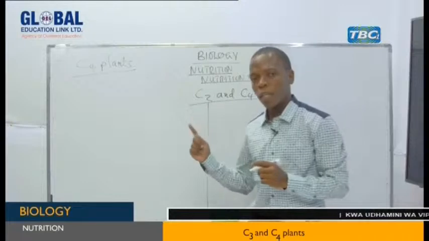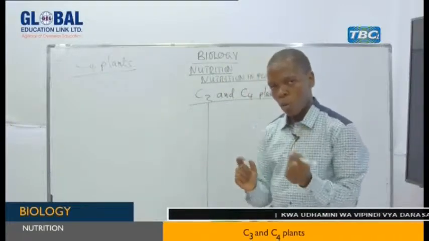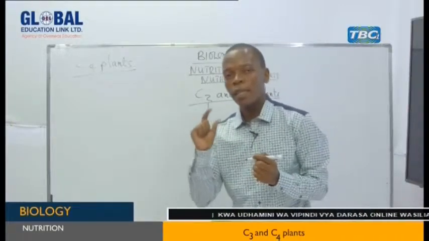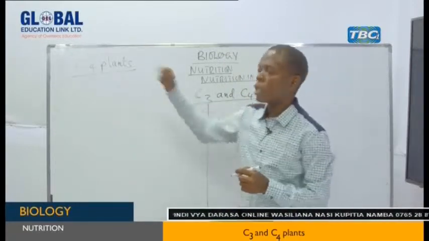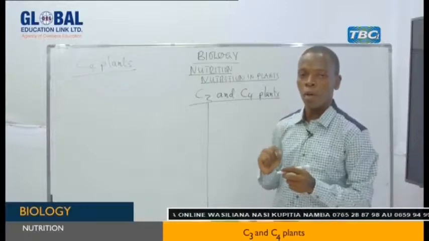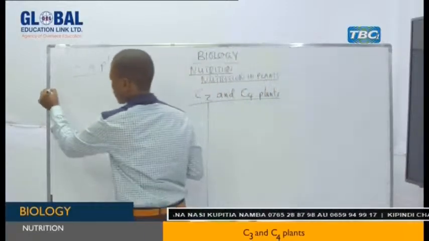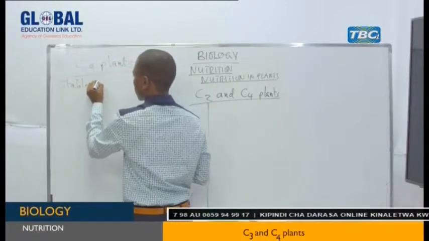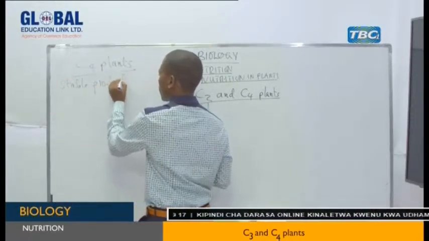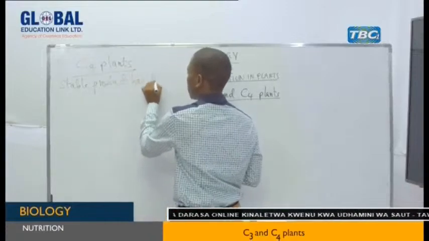Okay, as you have said, these plants are grouped according to the fastest stable product to be formed during photosynthesis. Therefore, we call this a C4 plant because the fastest stable product formed during photosynthesis has 4 carbon.